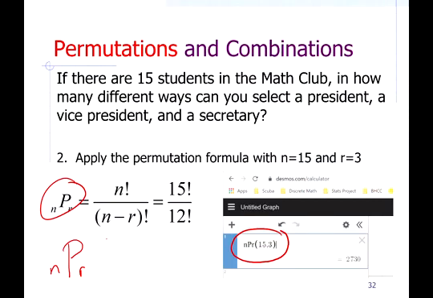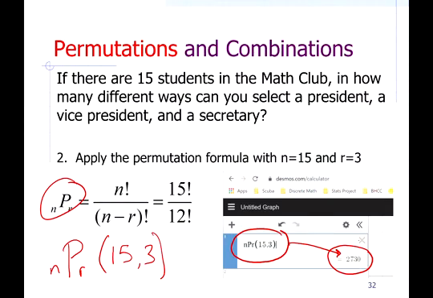And so in parentheses, you tell Desmos, out of 15 objects, I'm picking 3. And as soon as you type in the parenthesis, Desmos will give you 2,730. So the actual calculations are pretty simple if you're using Desmos. The difficult part, I think, is more interpreting the problem and determining what to do.